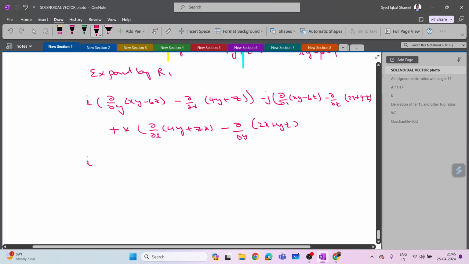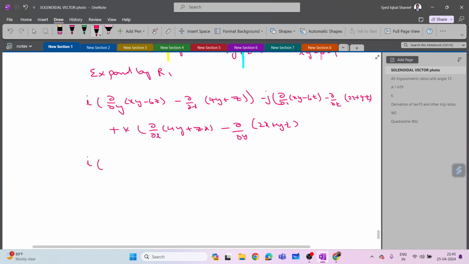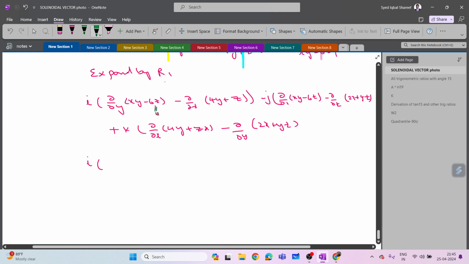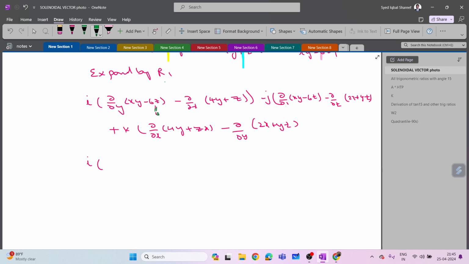Now i dou by dou y. If you go with dou by dou y of xy, x is left, and dou by dou z of 4y plus zx gives x. So x minus x.